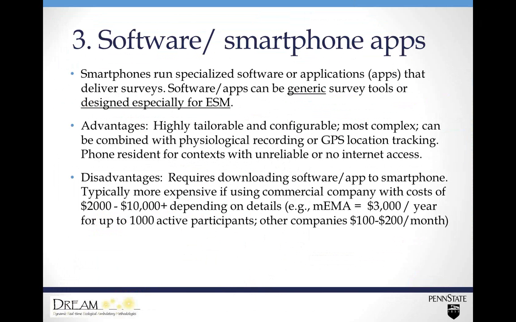Everyone has the same display screen, the same processing speed, all of the things like that that are homogenized. The costs vary tremendously, but as you can see, they're considerably more than using these other solutions. So this might be limited to circumstances where you have grant or other support to run your studies. Obviously, if you're purchasing or renting phones, that's an additional cost in the data plans and things like that.